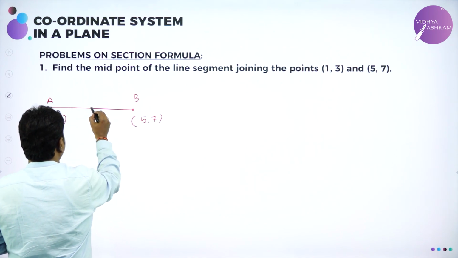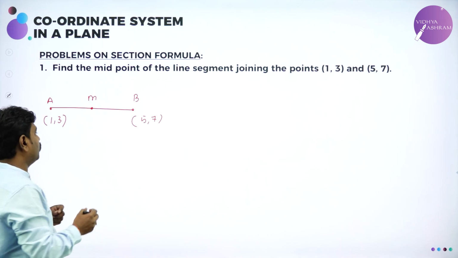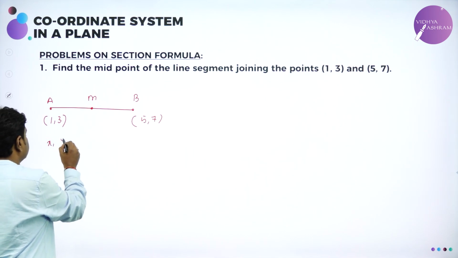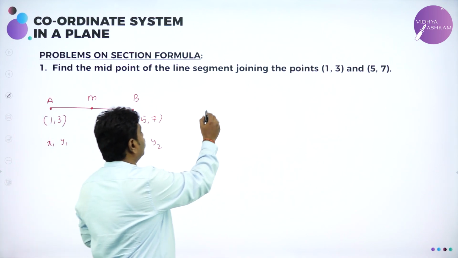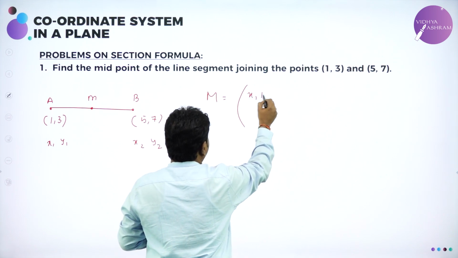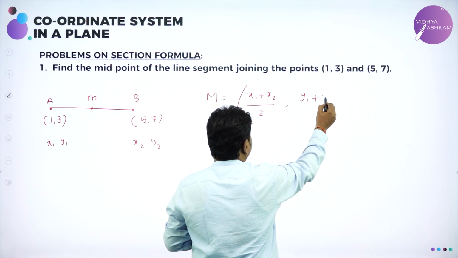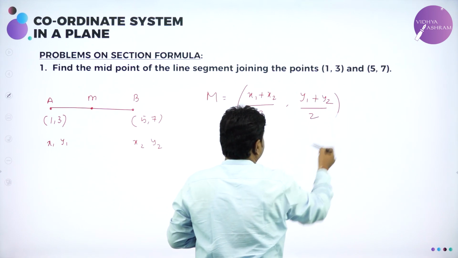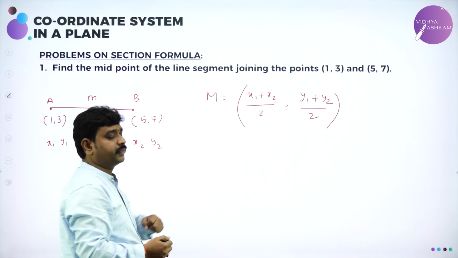If you want to find midpoint, use the midpoint formula. First point we call x1, y1, second point we call x2, y2. The midpoint M is x1 plus x2 by 2, comma, y1 plus y2 by 2. That is the sum of the x coordinates by 2 and the sum of the y coordinates by 2.